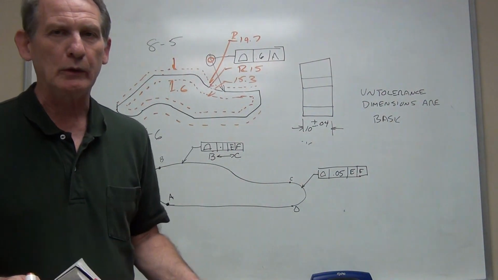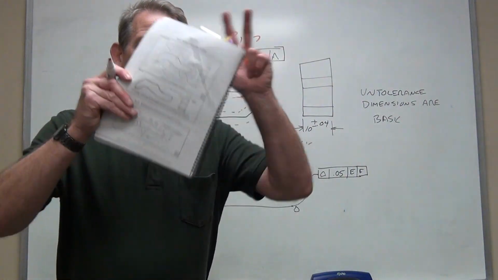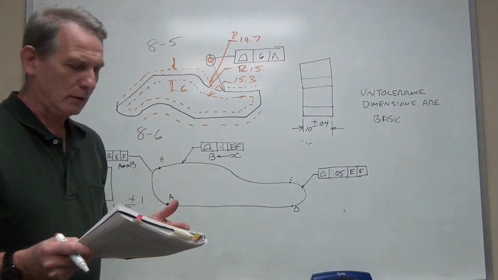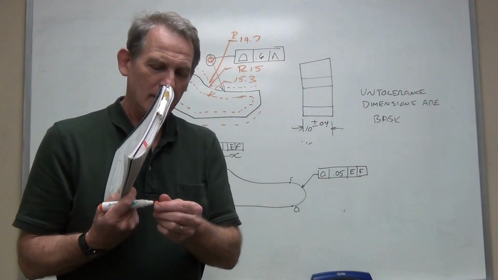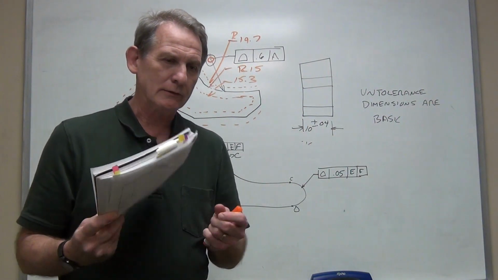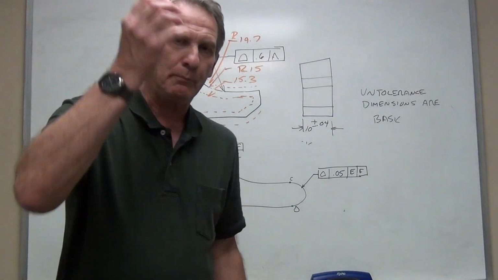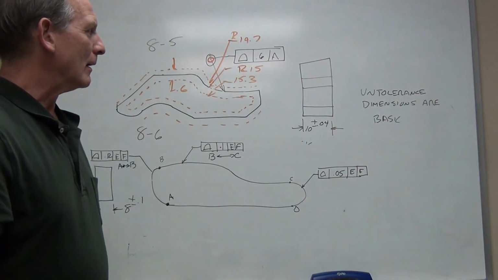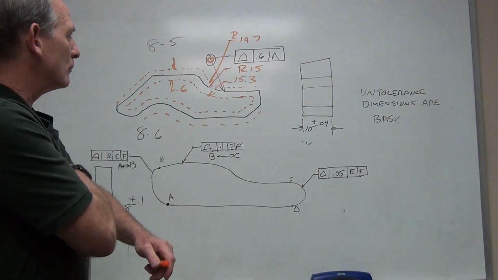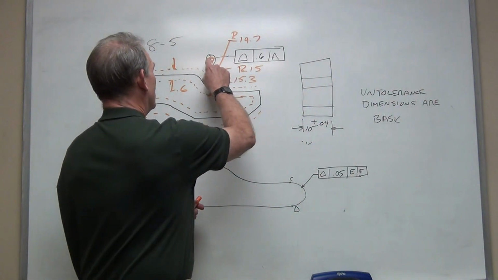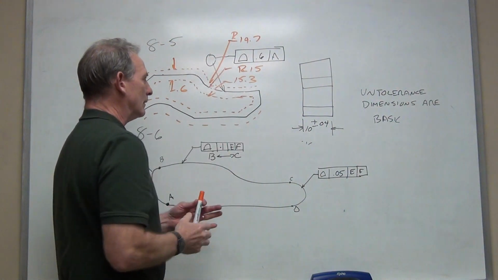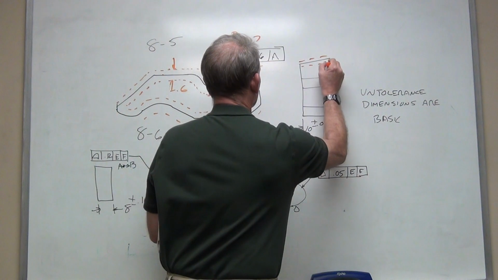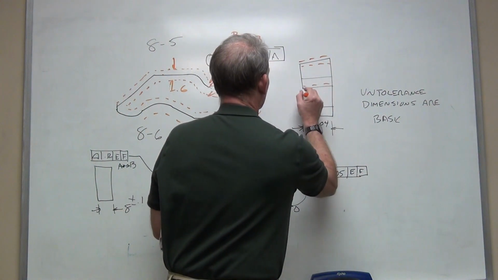So there's a difference between all around and all over. And I like to think of that all over notion as taking a part and dipping it in paint. The entire surface is going to get coated, and that means then that the tolerance zone in the original example, without the extra circle, just applies around the part.